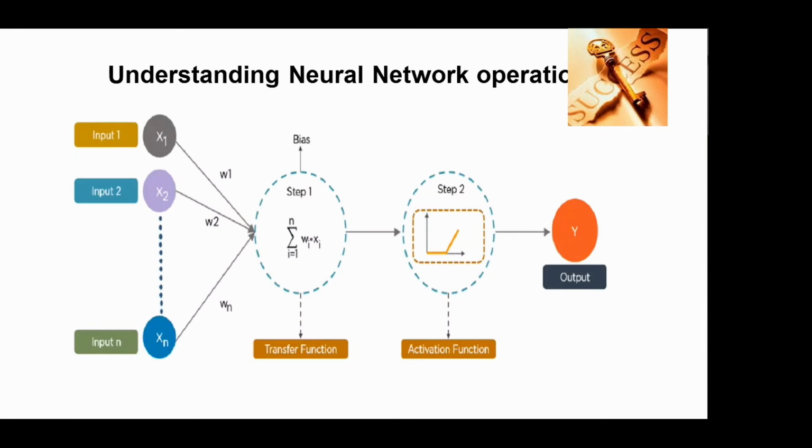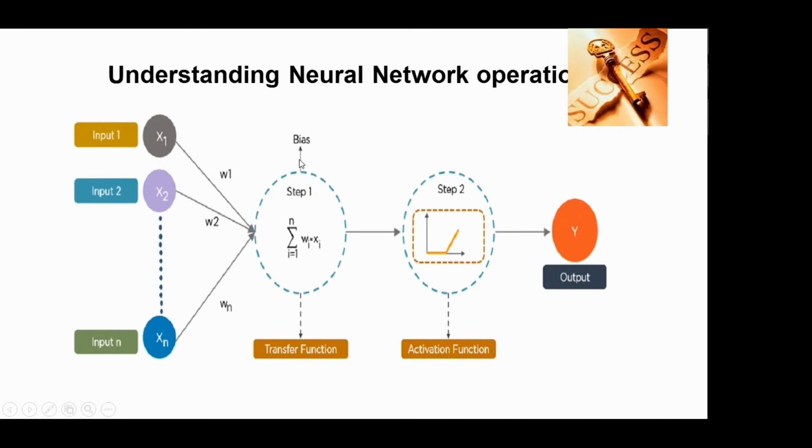So how does a neural network operate? There are n nodes in the input layer: x1, x2, xn. The number of nodes may be 100, 200, 512, any number of nodes can be chosen. These are known as input units.